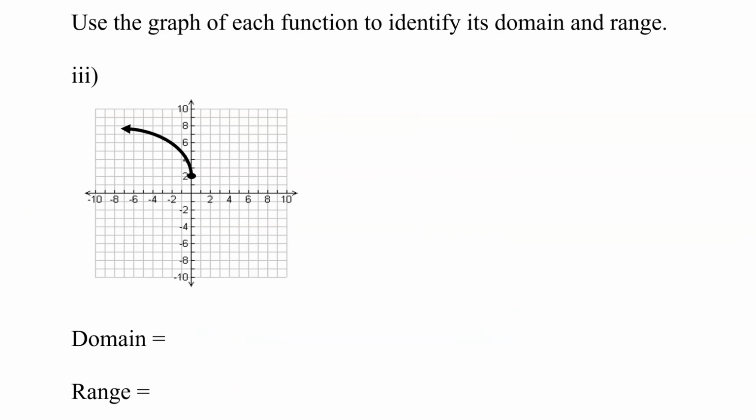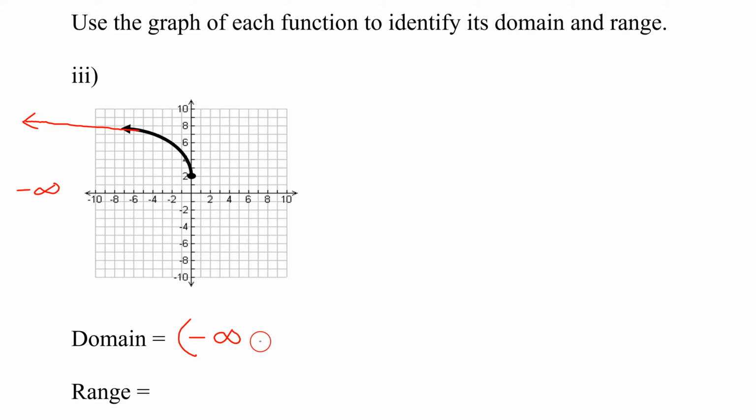And now let's look at my last example. In this one, I have an arrow on the end. That means this graph is going to keep going up and to the left. So the domain of the x values, is there going to be a graph out here? Yes, that graph keeps going up and out to the left. So what value is down there in the x direction? It is negative infinity.